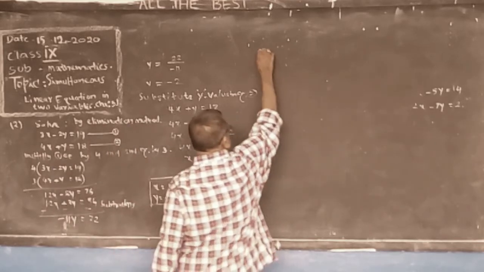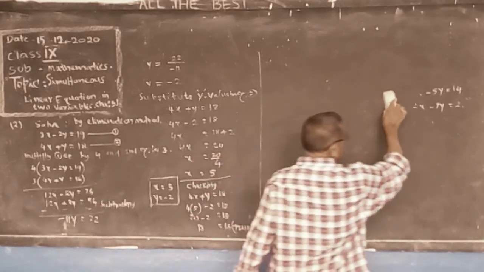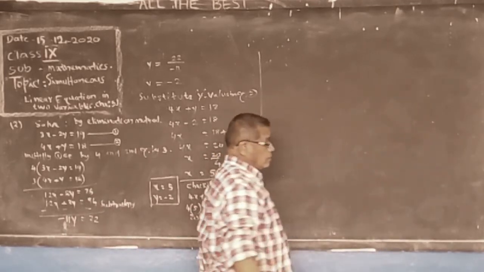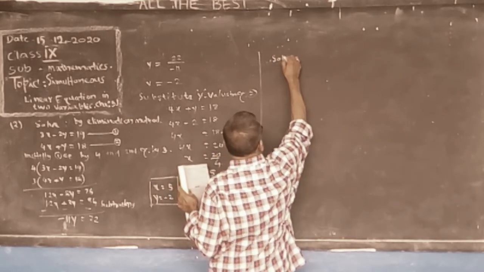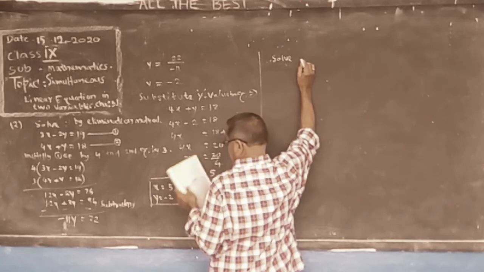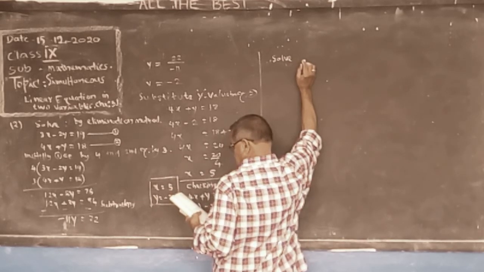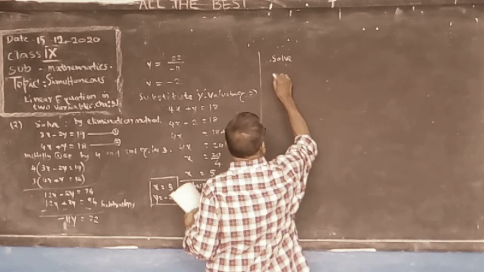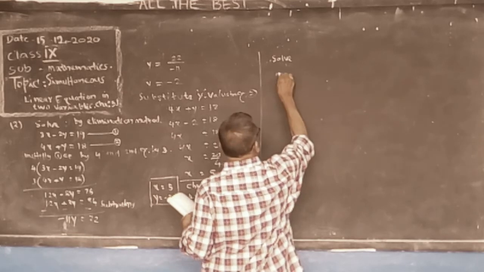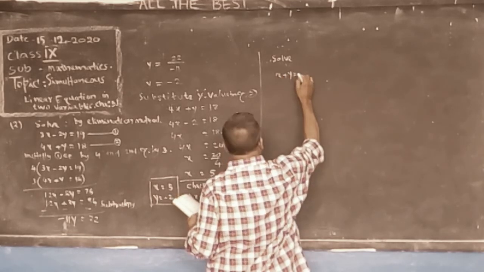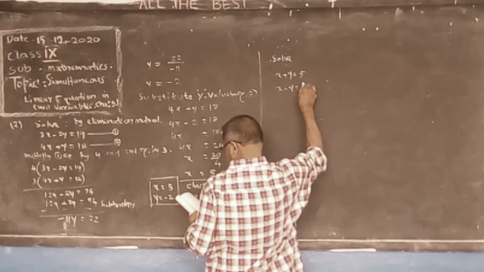In the exercise, solve x plus y is equal to 5, x minus y is equal to 3.